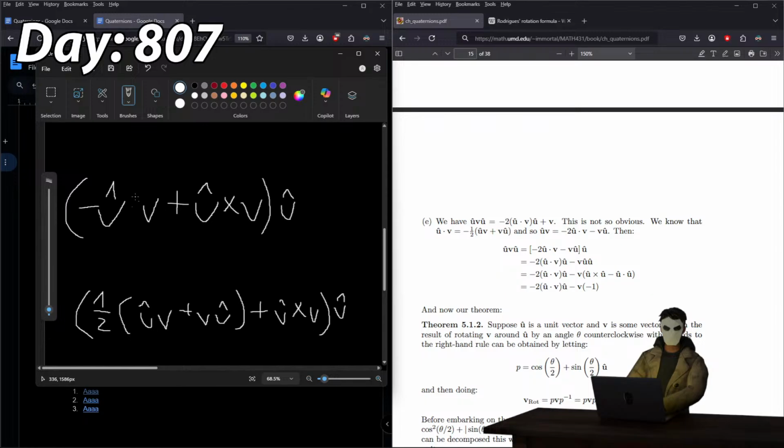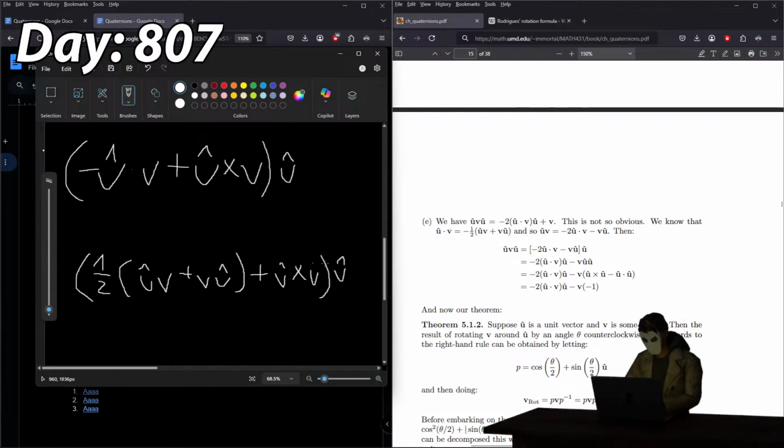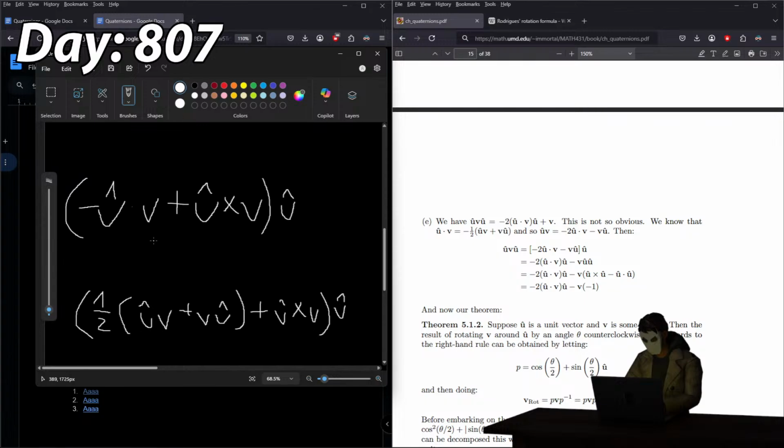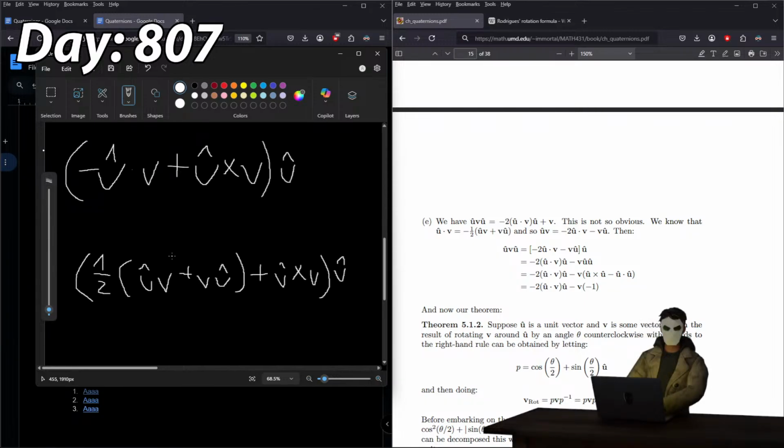U dot V, which is this, I've replaced it with this equation we have. And now we need to somehow... Oh my, I'm dying. What's U?